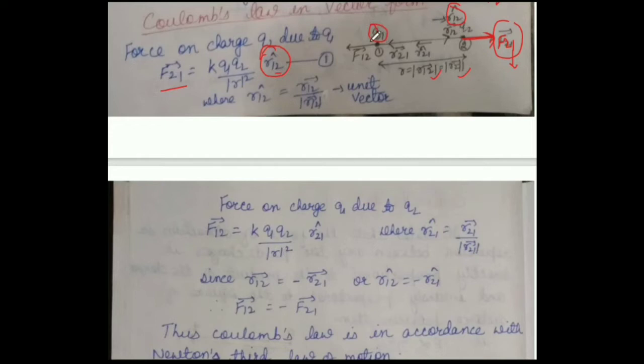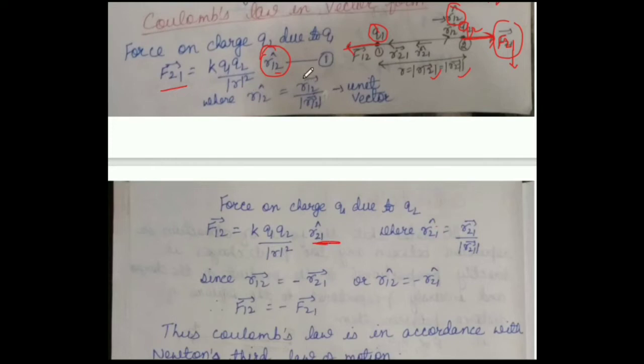Similarly, this Q1 charge also experiences some force due to this Q2 charge, right? Due to Q2 there will also be a force on Q1, and the force acts in this direction, F12. F12 is the force on charge 1 due to the second charge, and this force is from 2 to 1. So you write the unit vector R21. Okay.